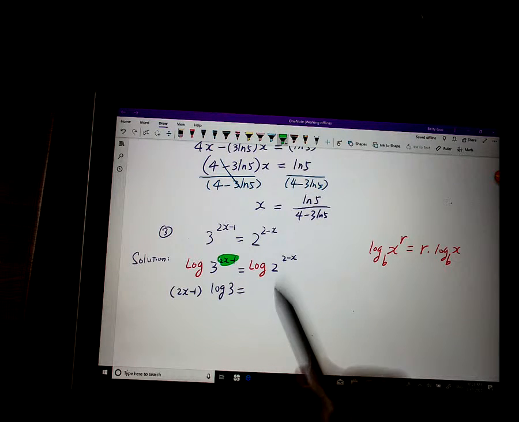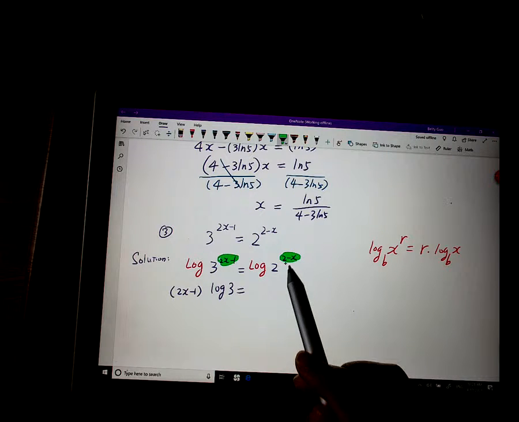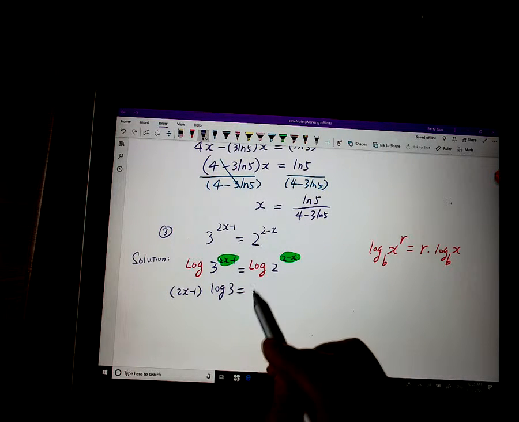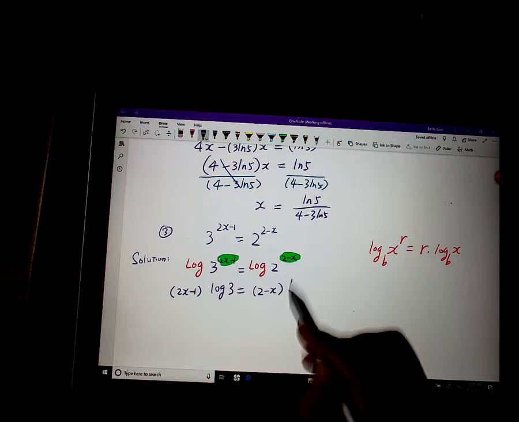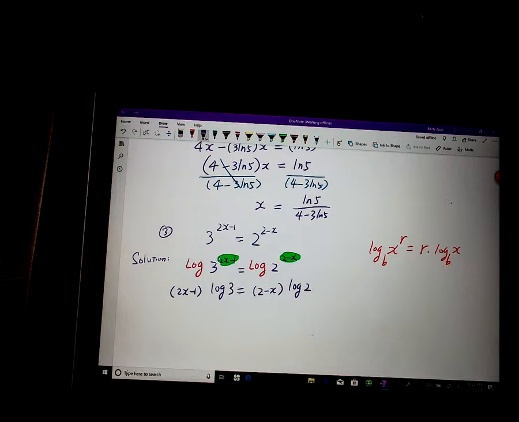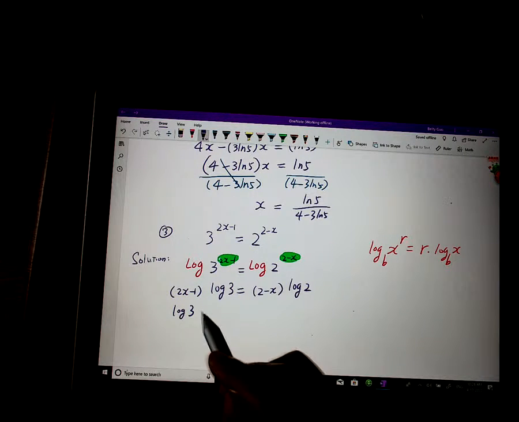Same thing on the right-hand side. By the power rule, we move 2 minus x in front, use a parenthesis to frame it, and then multiply by log of 2. Remember, log of 3 and log of 2 are just numbers. If I switch the order, you might see it better.